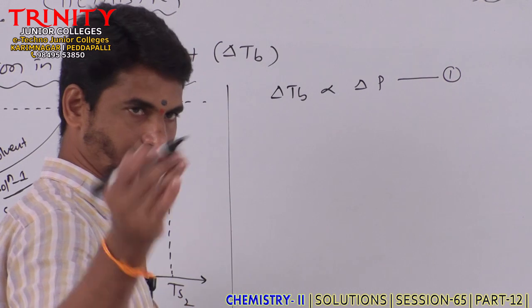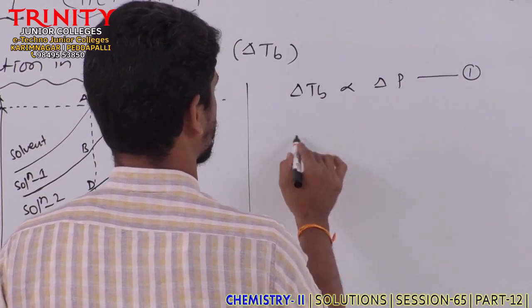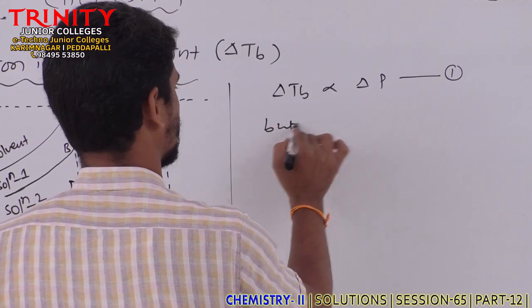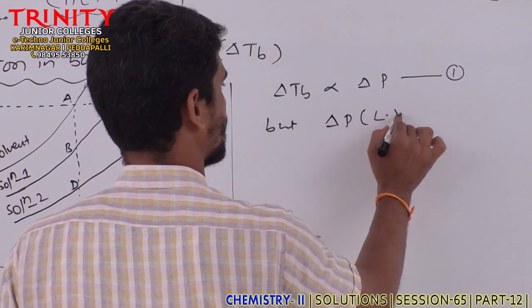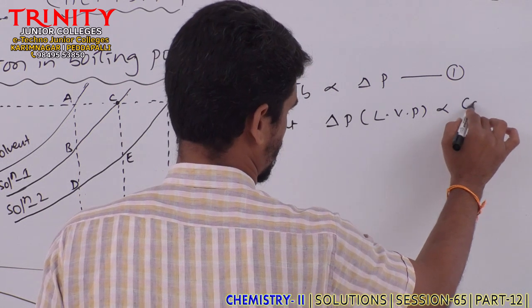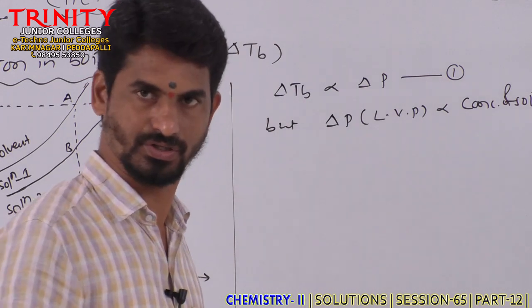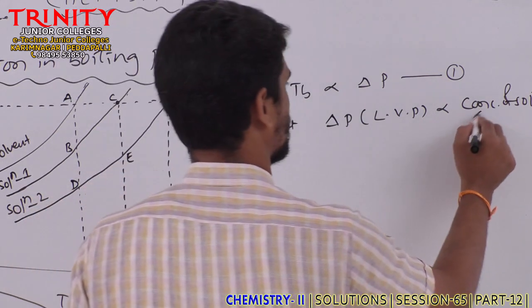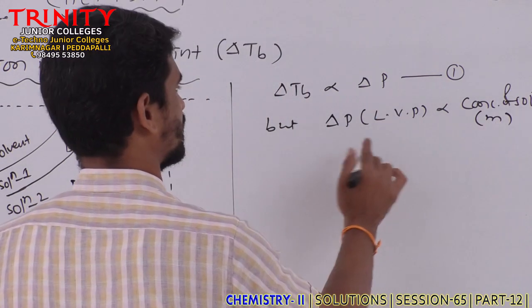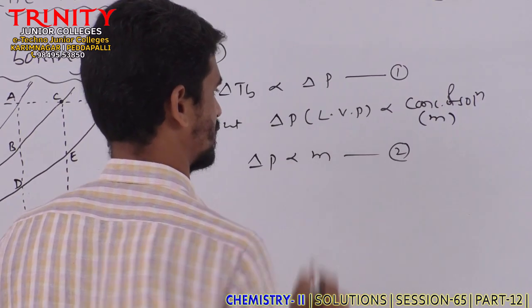And based on the Raoult's law concept, we know that delta P, the lowering of vapor pressure, is directly proportional to the concentration of solution, which is nothing but molality. So let this be delta P is directly proportional to molality, equation number 2.